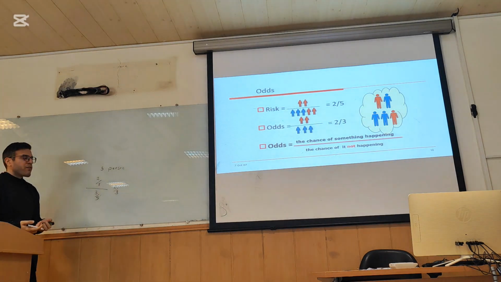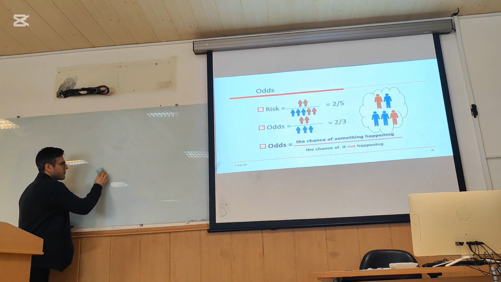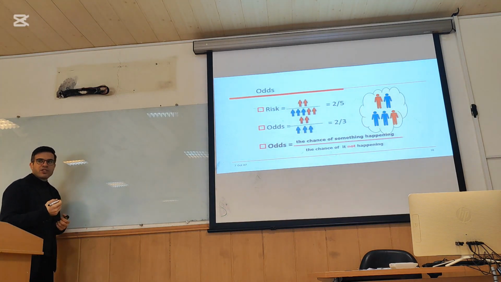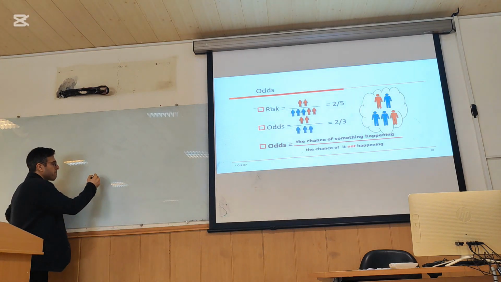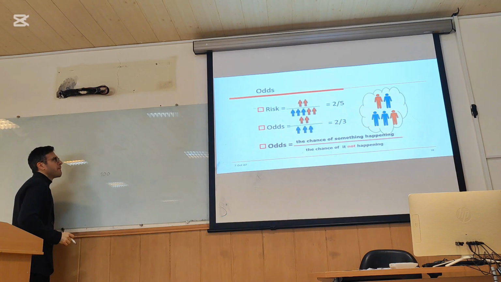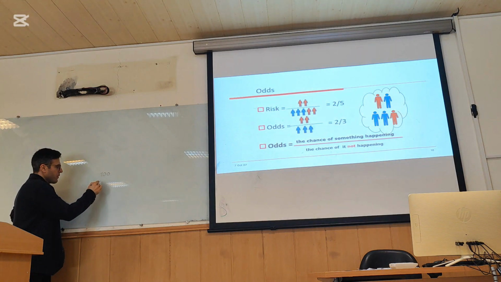It's odds. For example, you have a population of 100 people, and 20 of them have the disease.